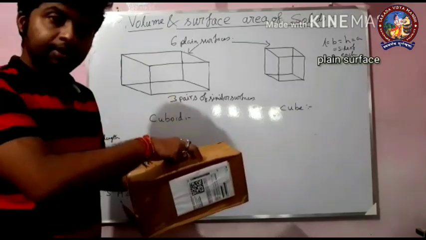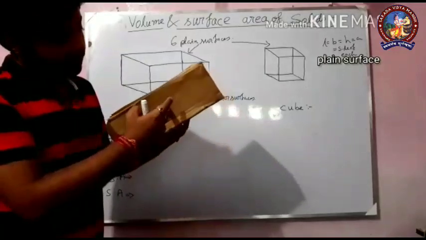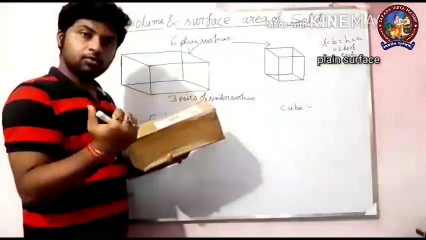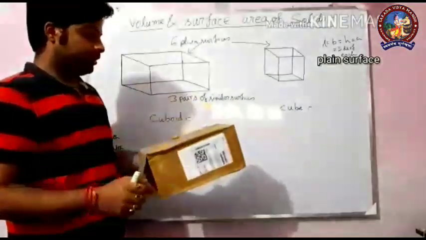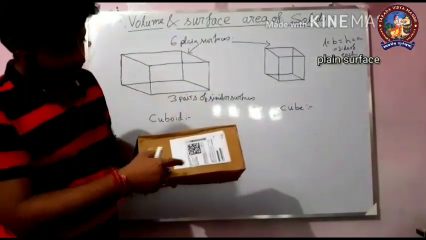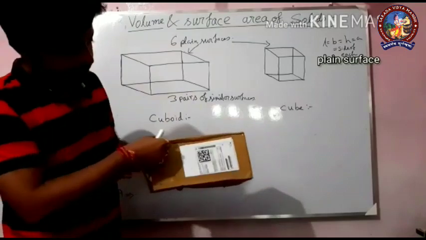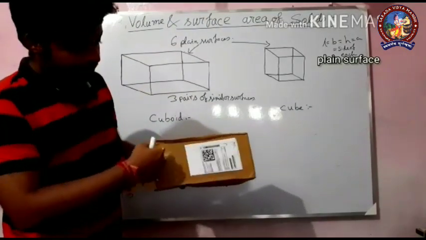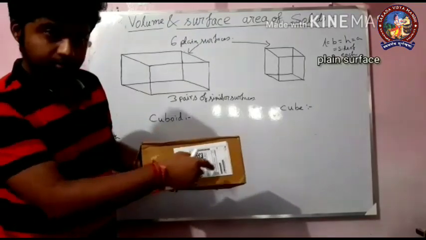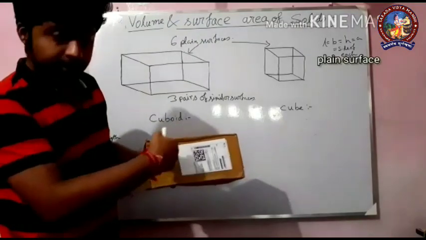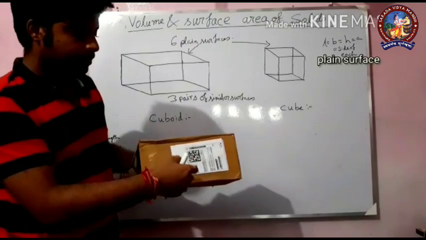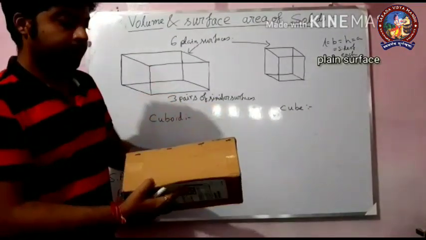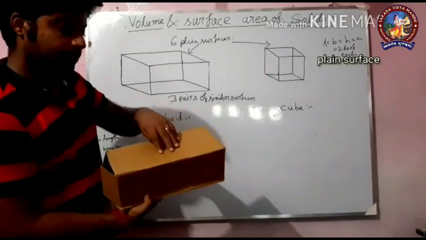The exactly same area will be calculated for the bottom surface, because the top surface and the bottom surface are similar. Then see, this is the length and this is the height. If we multiply length and height, then we will get the area of the front surface, right? And that area will be exactly the same as the back surface.